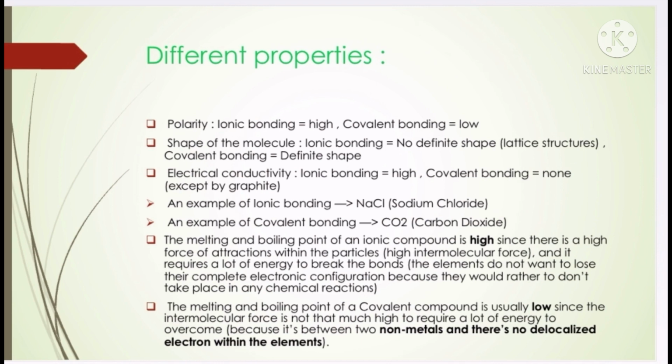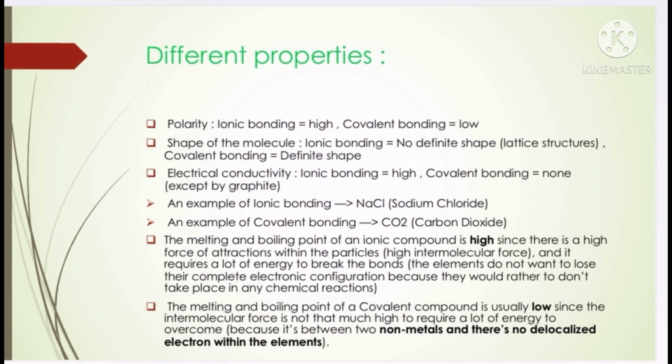So they have a defined shape, and diamond in this case is like a crystal. We cannot say that it doesn't have a defined shape. But ionic bonding is similar to a lattice structure, and it doesn't have a defined shape.